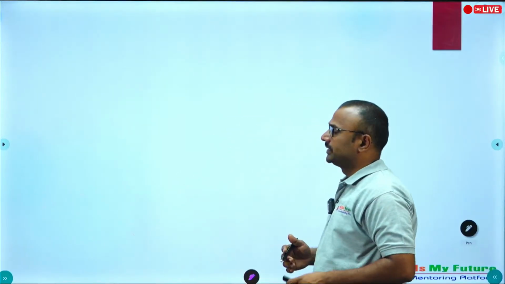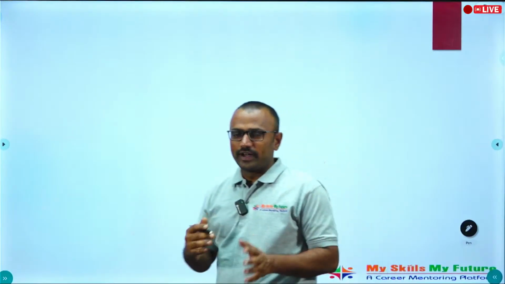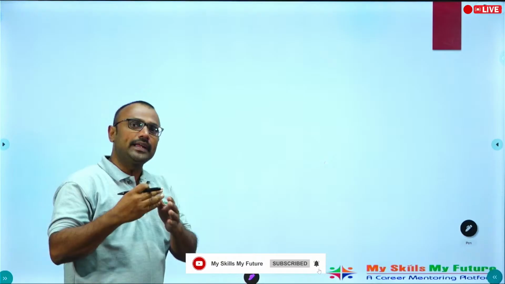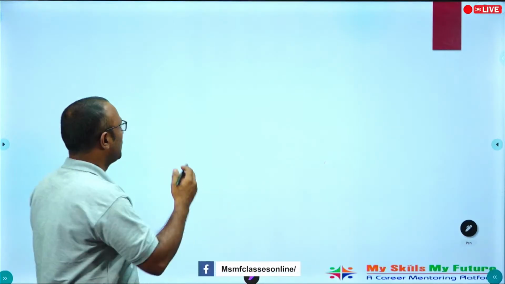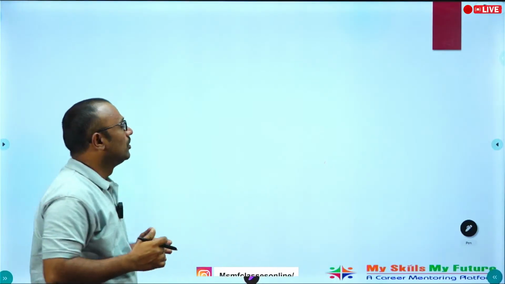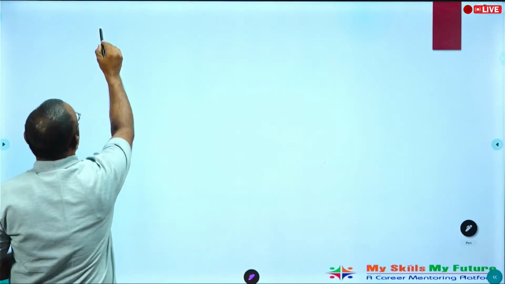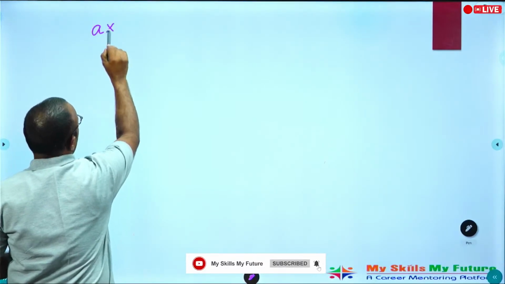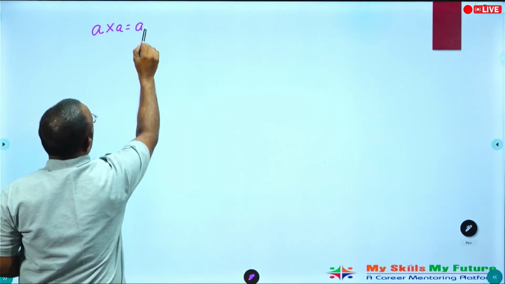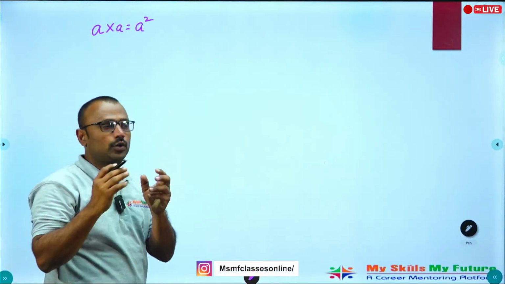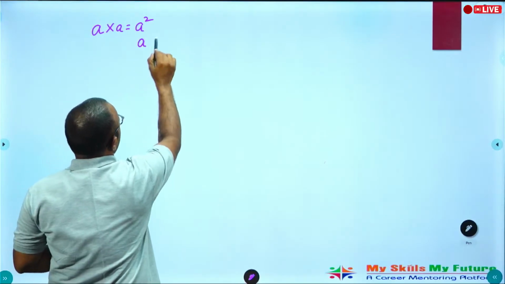Right. So, what is a square? The multiplication of a number by itself is known as the square of a number. If we have a number called a, then the multiplication of the number by itself gives us a square, or we can call it a to the power 2.